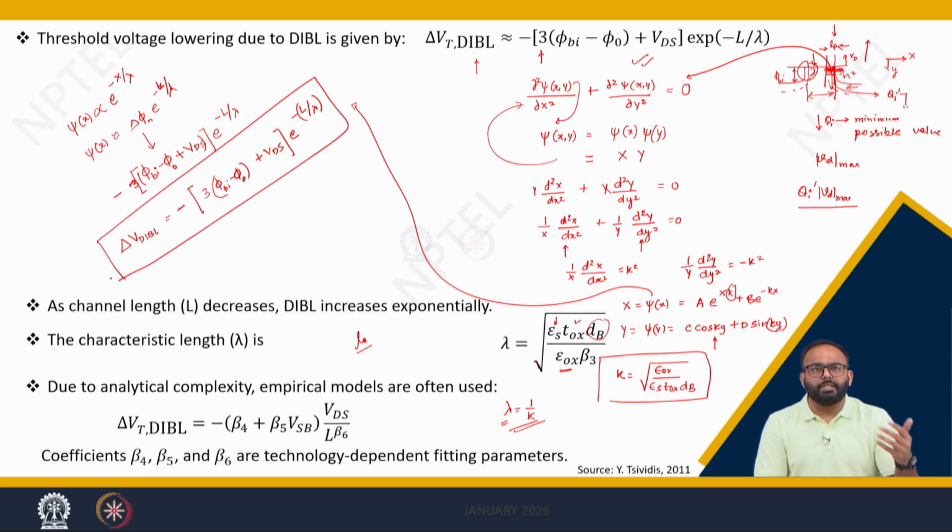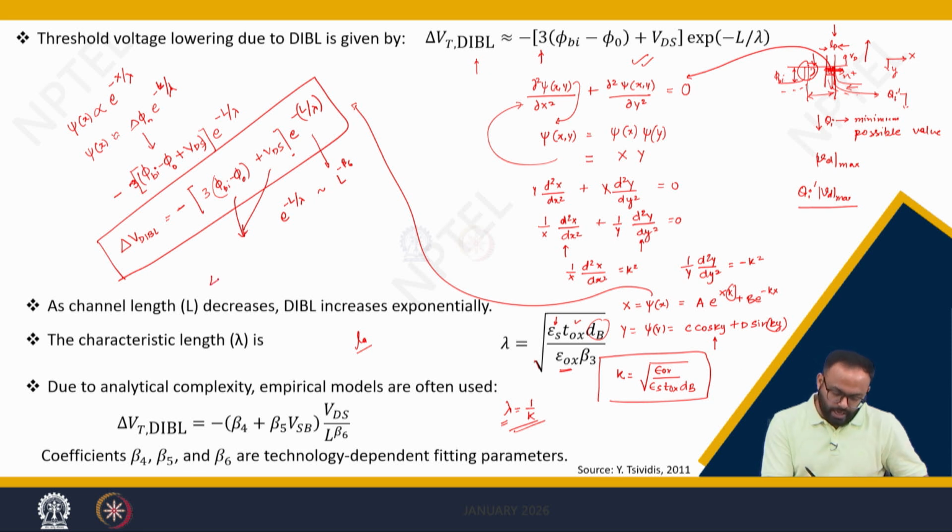Again, for the sake of simplicity, we can solve this equation further, considering that the exponential can be converted into a power law. So e to the power of minus L by lambda can be replaced by L to the power of some constant, let us say beta 6, and these factors can be represented in terms of source to body voltage, to give you an idea how the threshold voltage changes with source to body voltage.